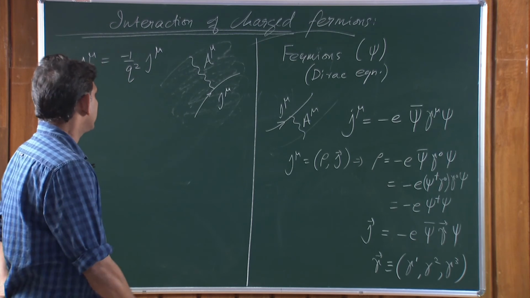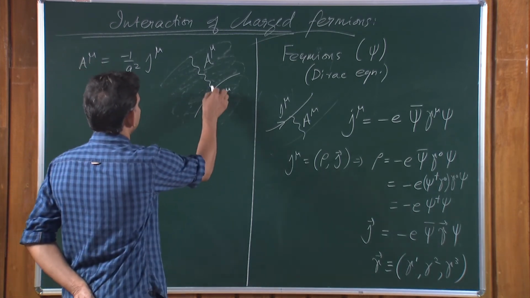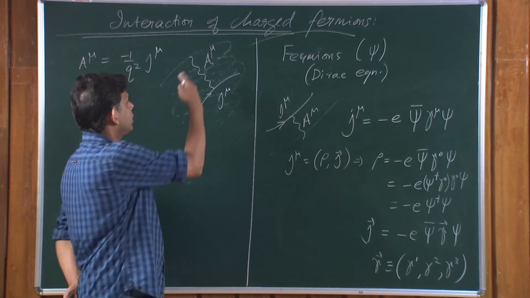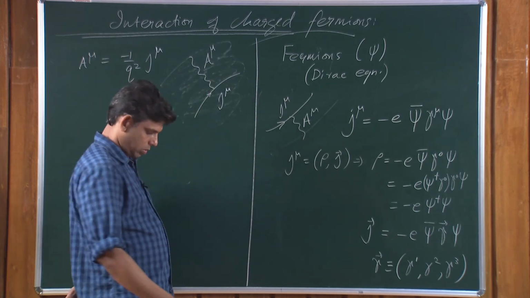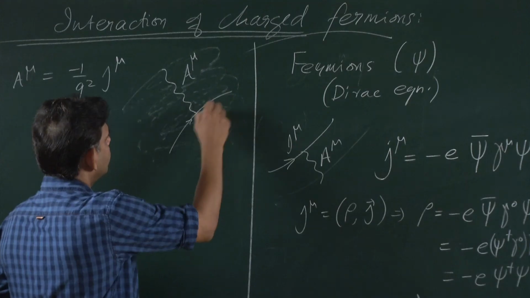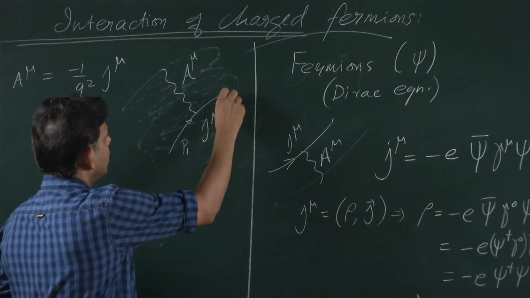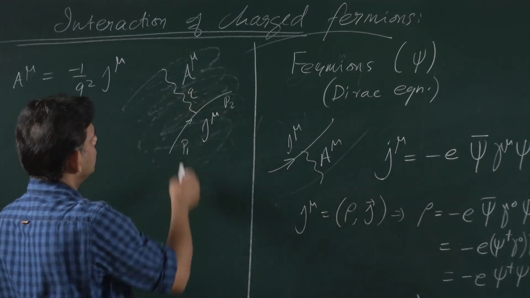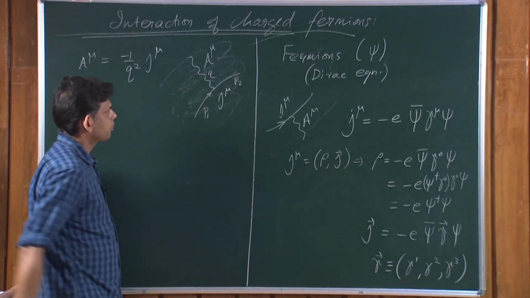When a photon is emitted, we can think about emitting and reabsorbing, or just emitting. When it is emitted, you will have some momentum p 1 here, a p 2 here, and a q here. So, this is the momentum of the q.